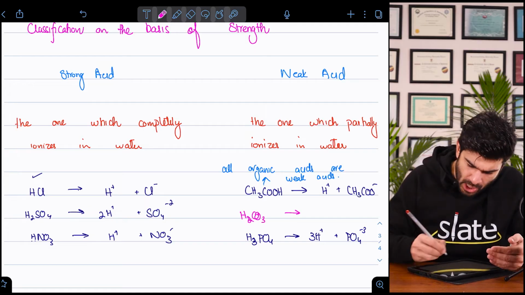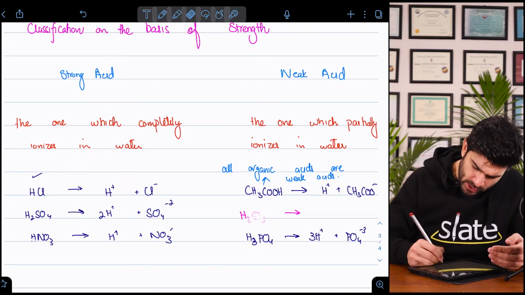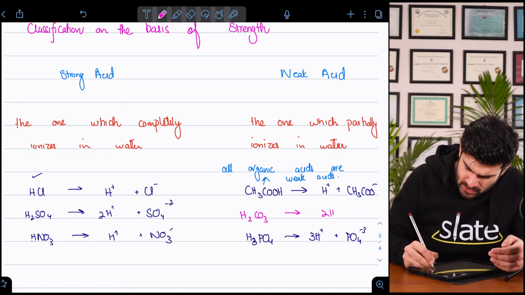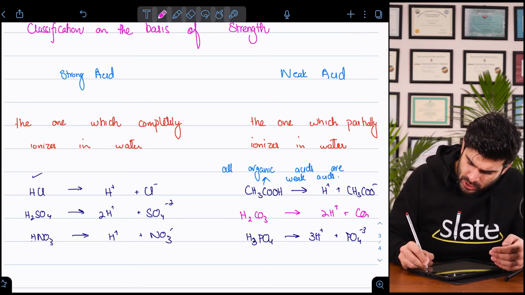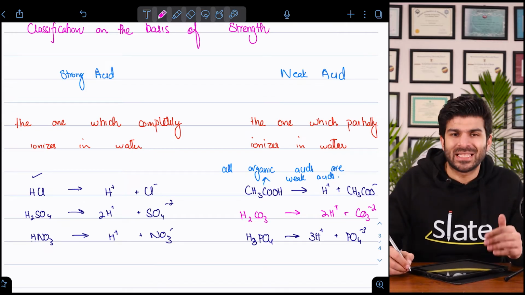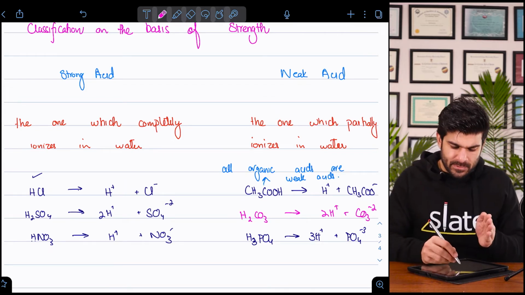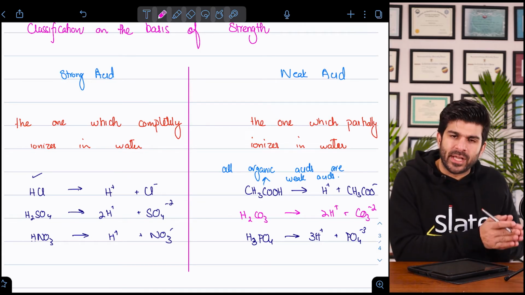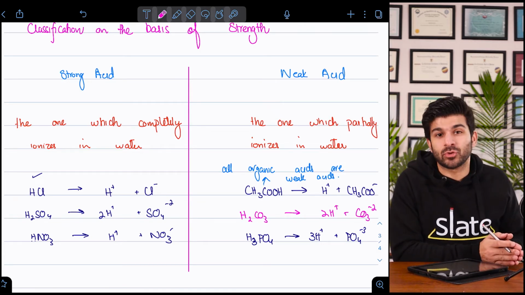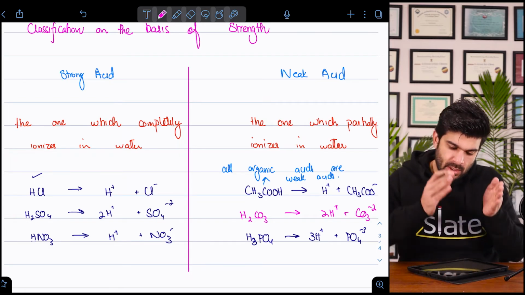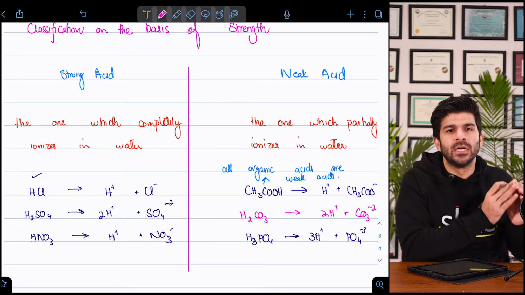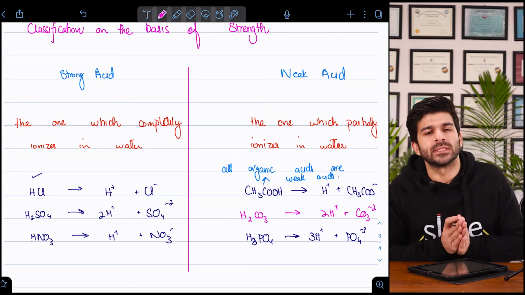If I dissociate carbonic acid in water, what do we get? We get 2H plus and CO3 carbonate ions. But let's see this. HCl, sulfuric acid, nitric acid, they are strong acids. Memorize that. Acetic acid, phosphoric acid, carbonic acid, they are weak acids.